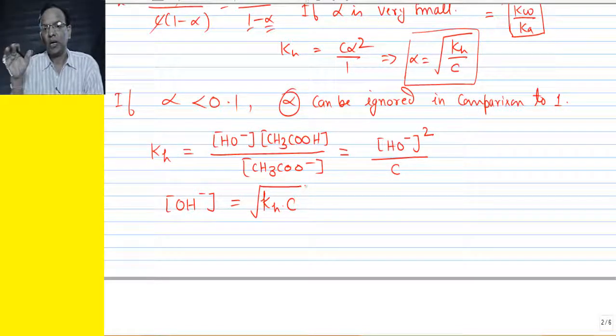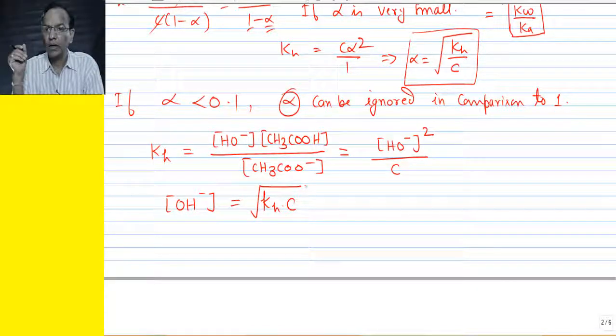So now Kh and C both are known. Solving for hydroxide ion concentration and taking negative log of it, pOH is determined, and then we subtract this pOH from 14 to obtain the pH of the salt solution.